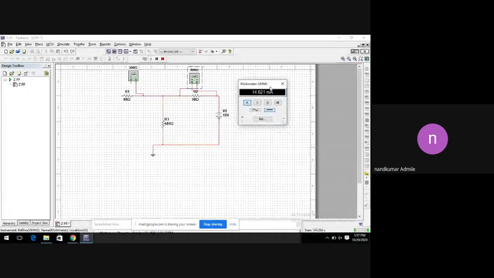Okay, so by using this simple circuit diagram, we can simulate the two port networks. It might be a Z parameter, a Y parameter, or an H parameter. Okay, so have you understood it?